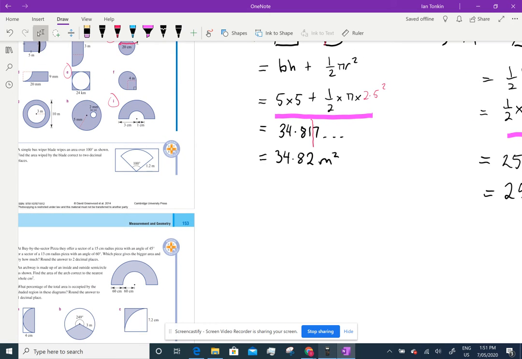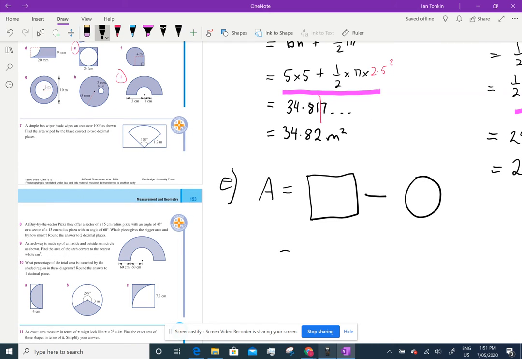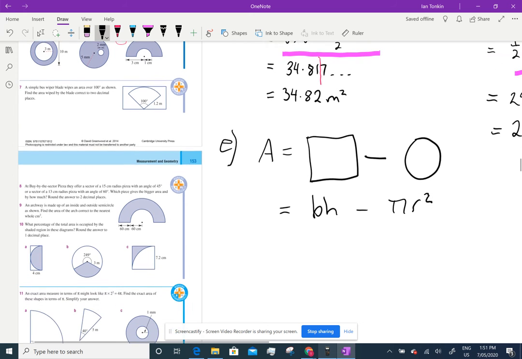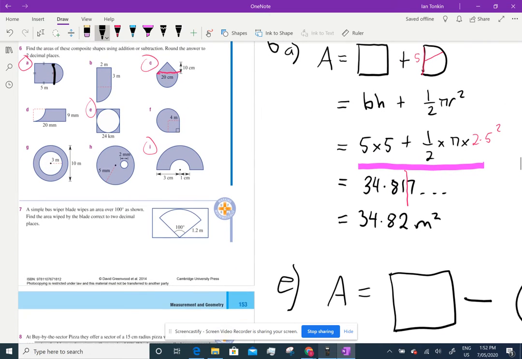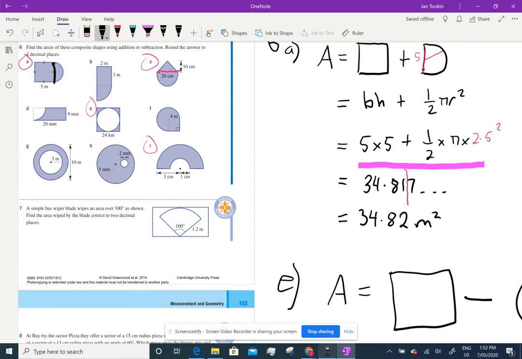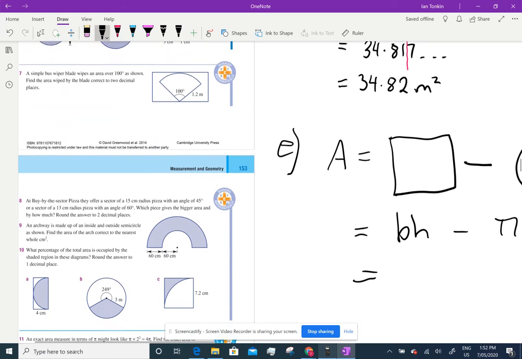In E, I'm going to have a different scenario. My area is going to be the area of the whole square minus the circle. Well, that's pretty easy. Base times height minus pi r squared. So this one is rather easy. The sides of the square are easy. It's 24.